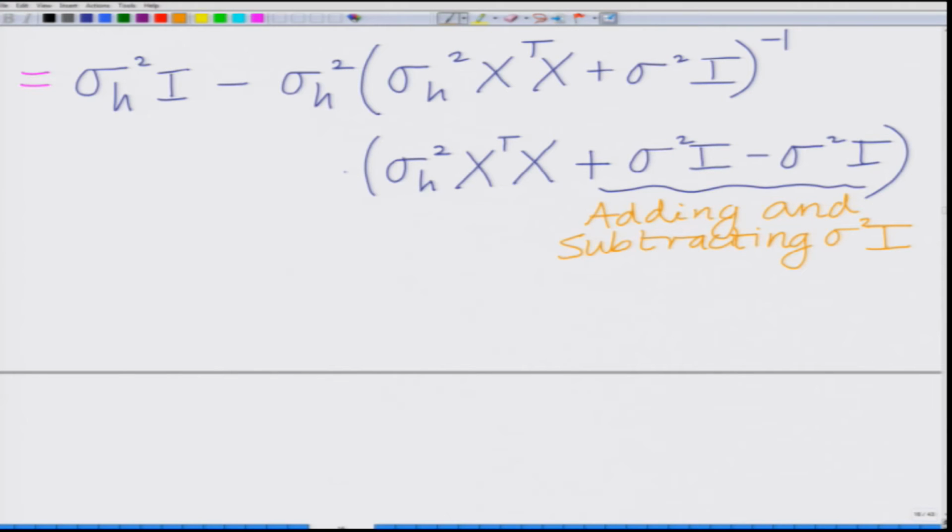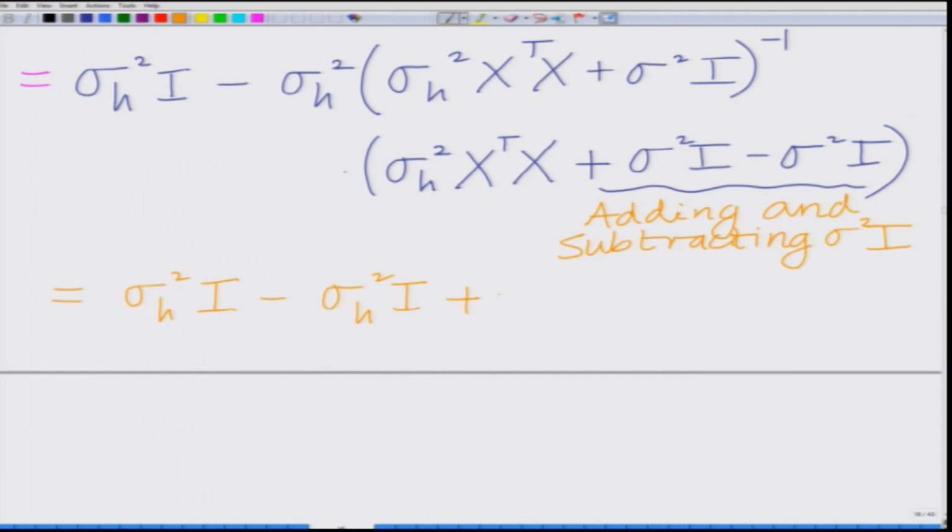Now, you can see that sigma h square x transpose x plus sigma square identity and this first part, sigma h square x transpose x plus sigma square identity inverse, are inverses of each other. So, multiplication of these two will give identity. So, we will have net sigma h square I minus, of course, sigma h square times these two, which give identity, so you are left with sigma h square times identity plus sigma h square times sigma h square x transpose x plus sigma square identity inverse into sigma square identity.